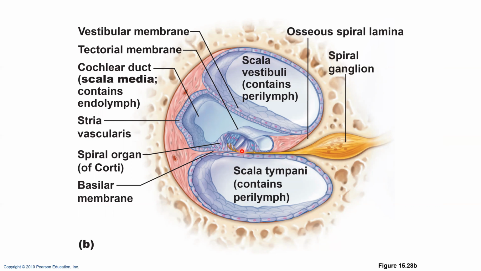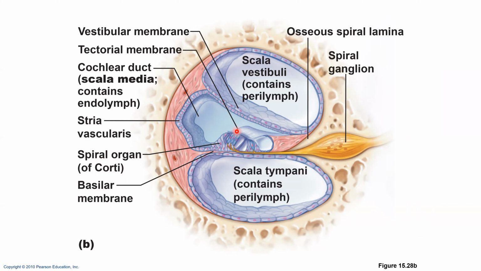Now the floor of this cochlear duct is the basilar membrane. This structure here is the sensory organ. This is the one that allows you to hear me. It's called the organ of Corti, also called the spiral organ.